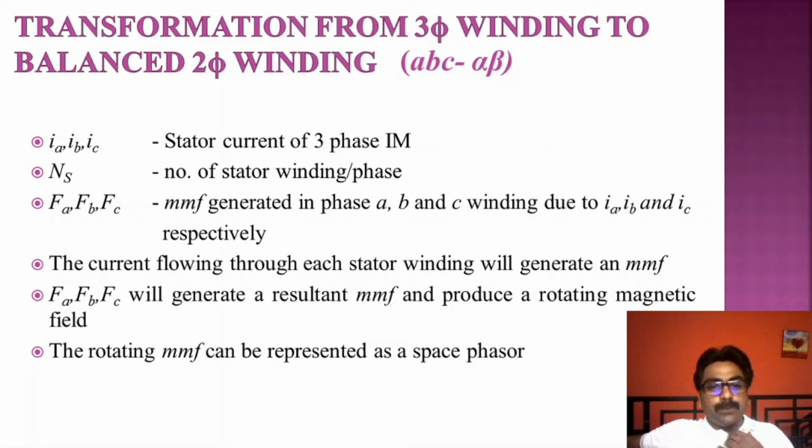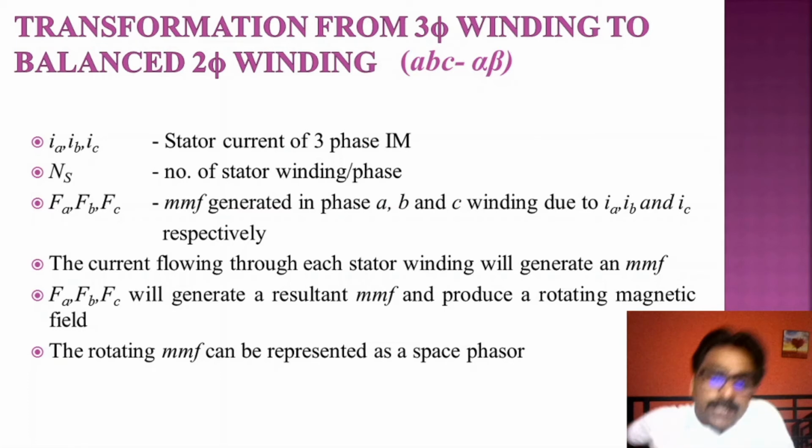So the current flowing through each stator winding will generate an MMF. That is what I said. IA will generate an MMF of FA, IB will generate an MMF of FB, and IC will generate an MMF of FC. Now these MMFs, the resultant MMF, will produce a rotating magnetic field.